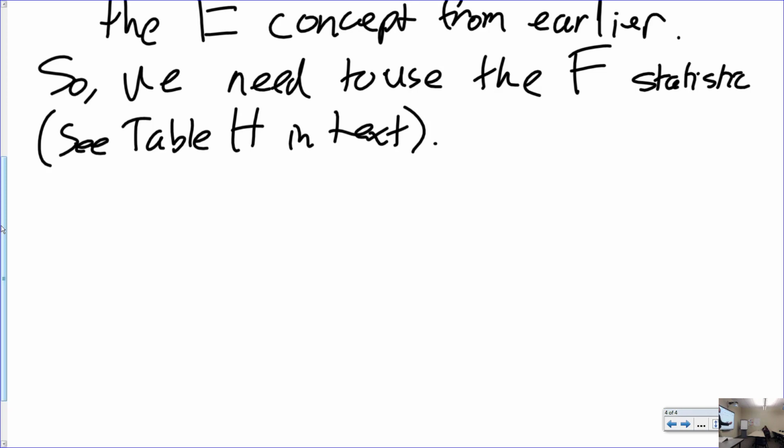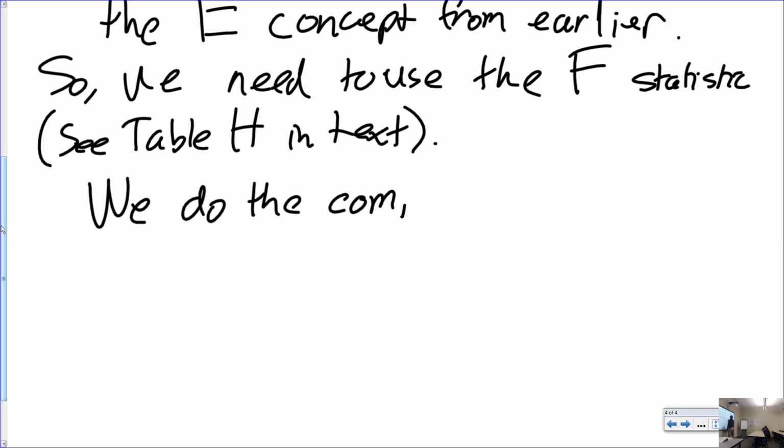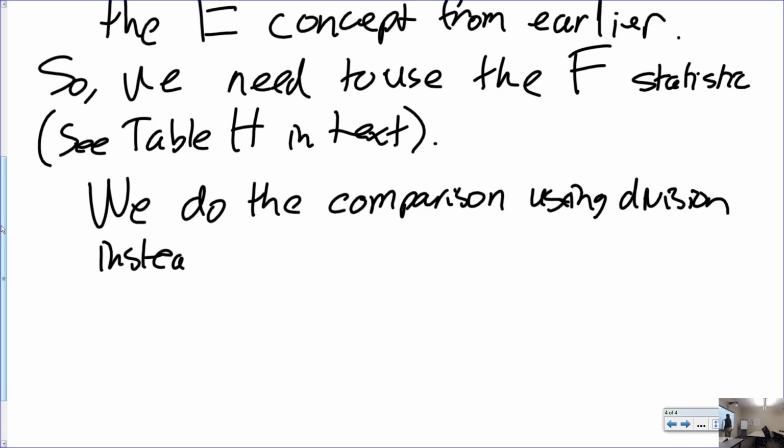All right, so the nice part is that the actual formula for calculating the confidence interval is relatively simple, okay? We do the comparison using division instead of subtraction. So instead of doing the standard deviations minus each other, we actually put them over each other.